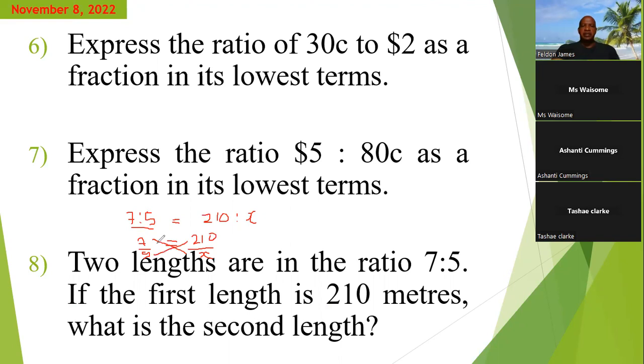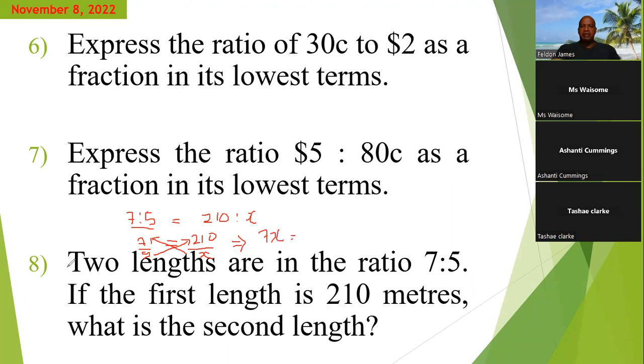And it is important to know that the reason why we cross multiply here is to get rid of the denominators. So by cross multiplying, we take the denominator on the right to multiply the numerator on the left. And in this case, we will get 7x equal to 1050.